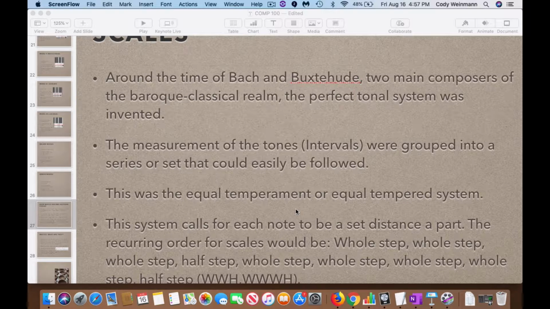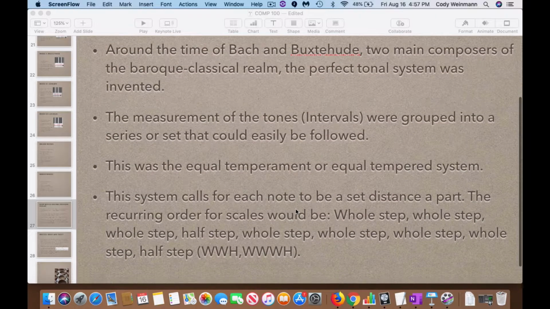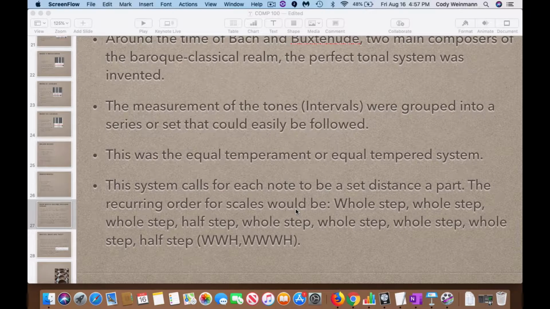And it actually consists of both whole steps, which would be a major second in interval parlance, and a half step, which would be a minor second in interval parlance. So this calls for each note to be a set distance apart, like I just explained.